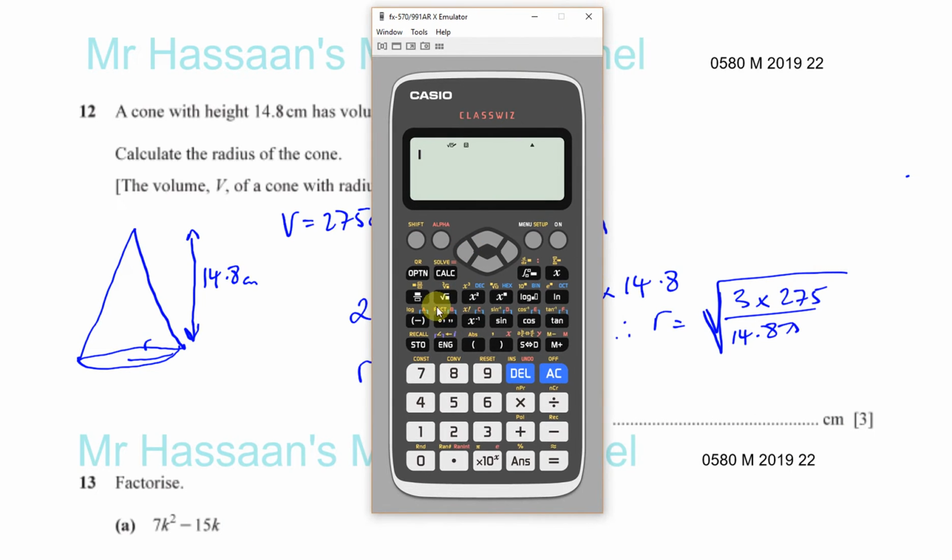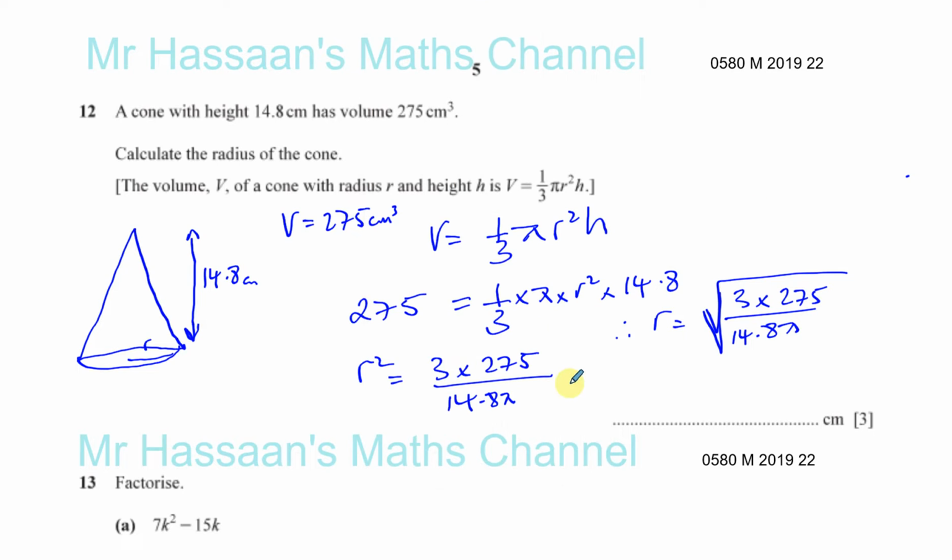So you have the square root of 3 times 275 divided by 14.8 pi, and that should give us an answer, which is 4.2123. So r is equal to 4.2123, which you round to 3 significant figures. It didn't tell us anything else, so yes, 4.21 centimeters, and that's number 12 answered.